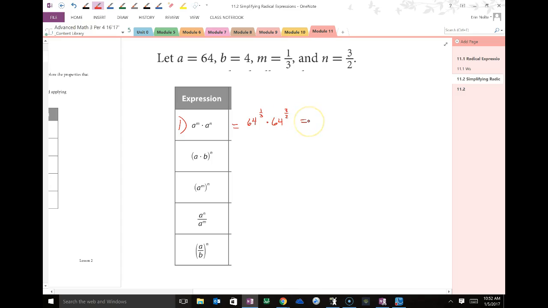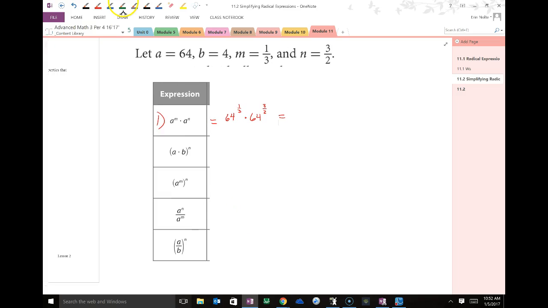Now how would I go about simplifying that? They do have the same base, so we need to add the exponents. And in doing that, we are going to need a common denominator, right?